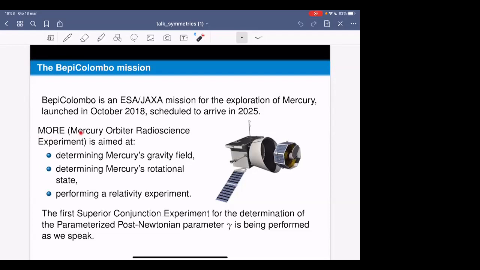One of the experiments on the mission, MORE, the Mercury Orbital Radio Science Experiment, is aimed at determining Mercury's gravity field, the rotational state of Mercury, and also at performing a relativity experiment, meaning that it is going to determine the parameters of the parameterized post-Newtonian formulation of the gravitational theory. And actually, as we are speaking right now, the first superior conjunction experiment of the mission, for the determination of gamma, which is one of the PPN relativistic parameters, is being performed.